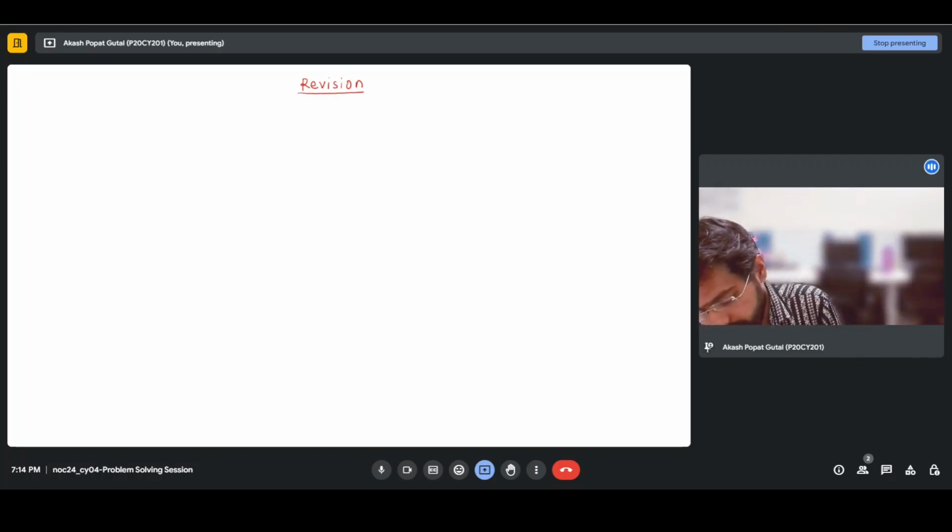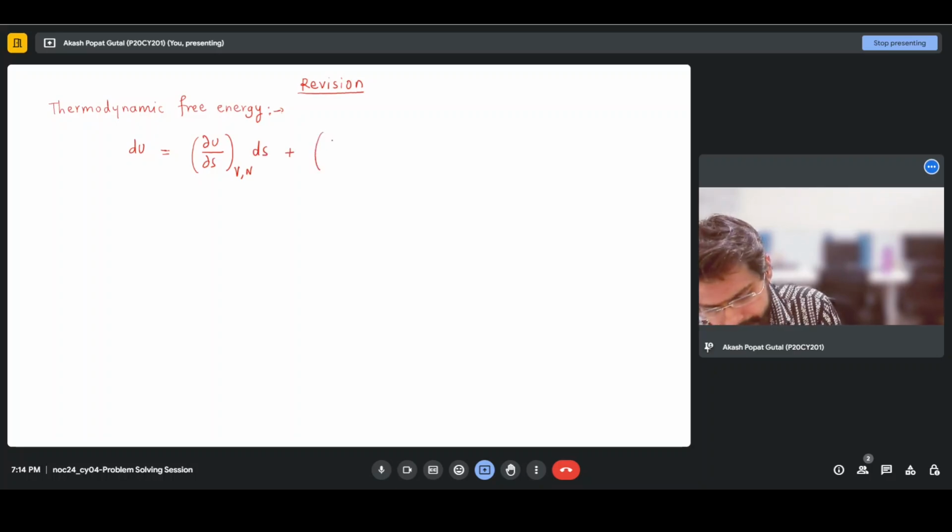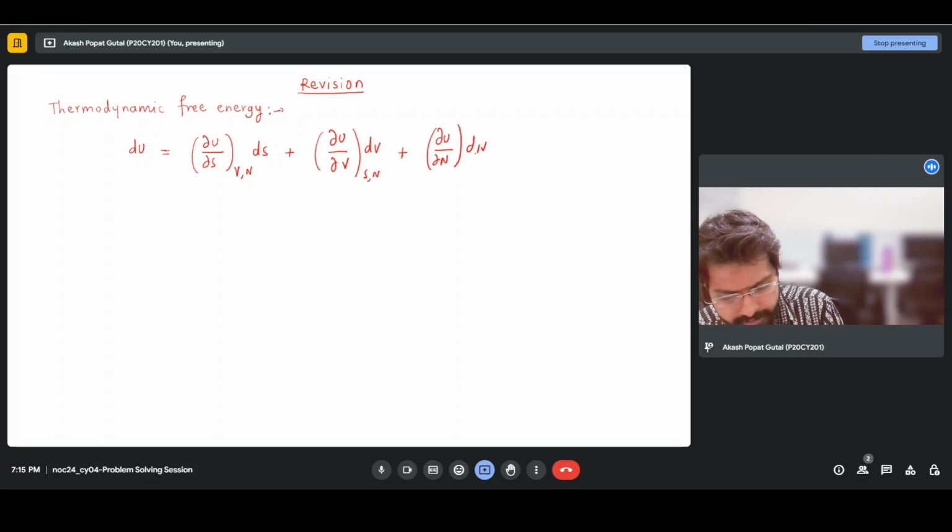So what we have seen in the thermodynamic free energy lecture is, the first equation is about the differential of the internal energy, which is a function of S, V, and N. So we have introduced the concept of chemical potential in this.